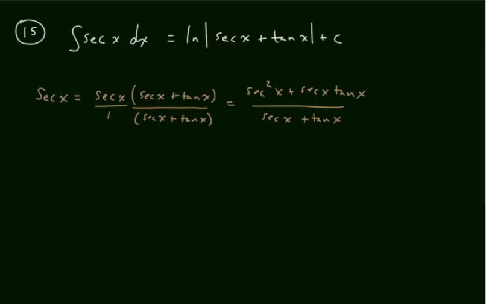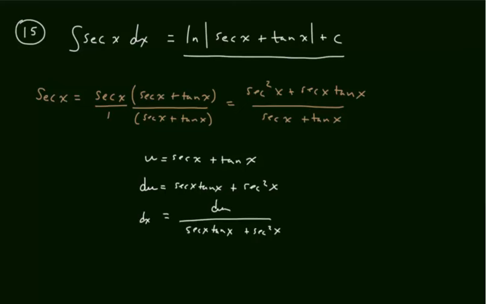Now, I need to do a U substitution here, and this is the final result that I want to get, so it makes sense maybe to let U equal the entire denominator, secant of x plus tangent of x. And here's where it's really cool. Du is going to be this derivative, so that's going to be secant x tan x plus secant squared x.